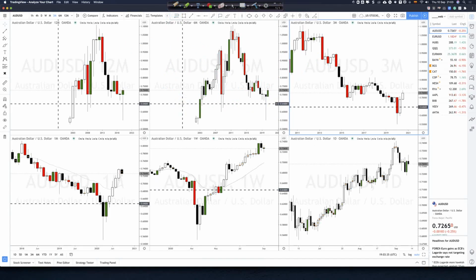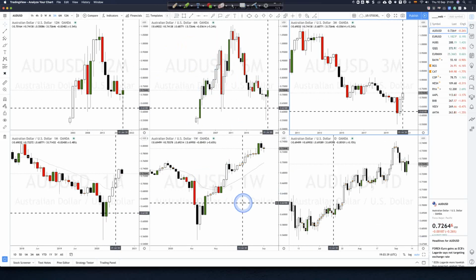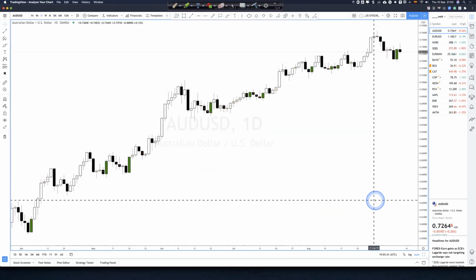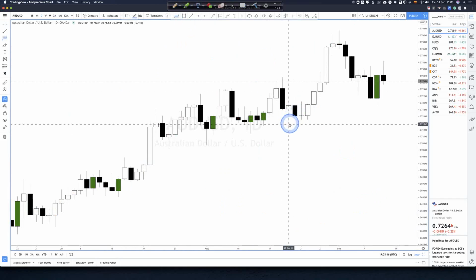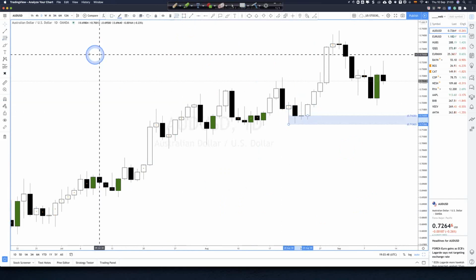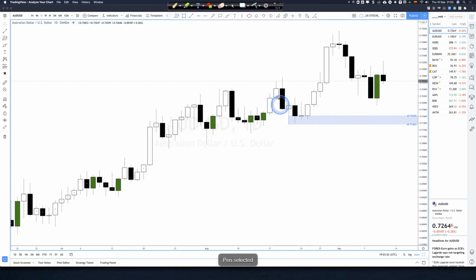So a fresh level like this one here on the Aussie broke something here on the left, so it is not happening out of the blue. It is reacting to the trend line breaks, supply, this is demand.